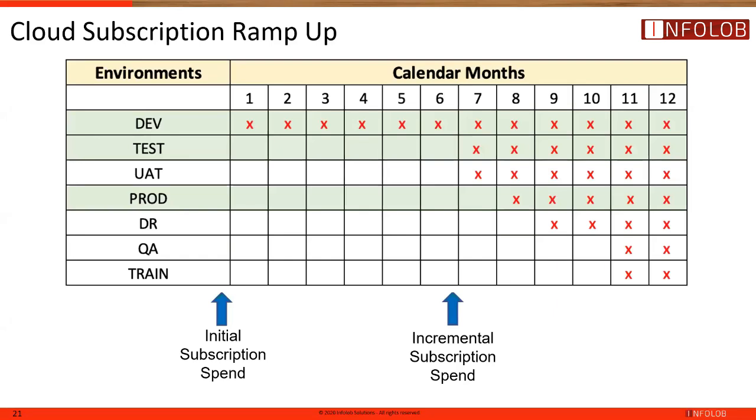So from an ease standpoint, we would typically see 1 or 2 subscription spends on the cloud side. One right at the beginning of the project start, and then one where we ramp up to other environments. And usually that's in the 2 to 6 month time frame when you would do your ramp up spend on the cloud subscription. Yeah, thanks, Brent.